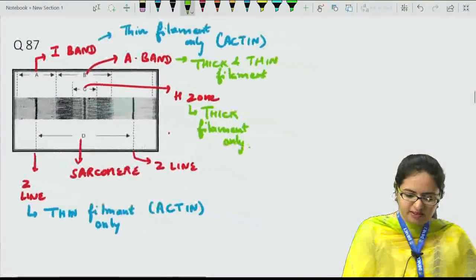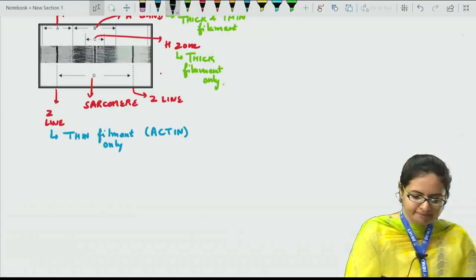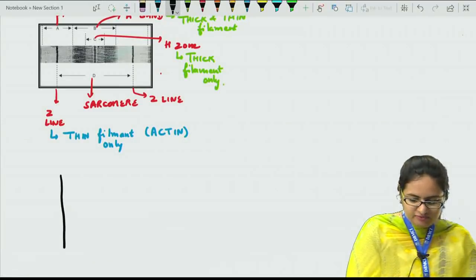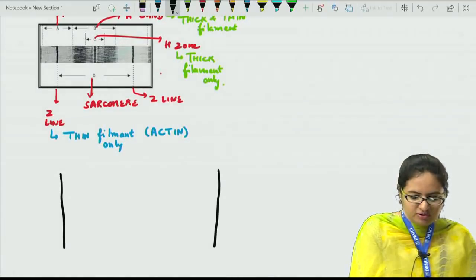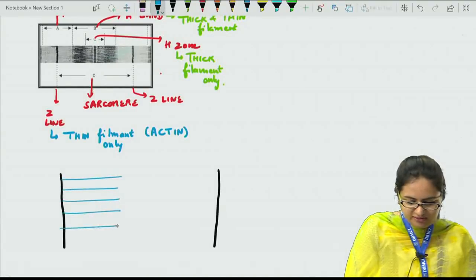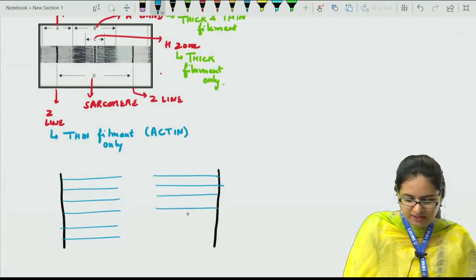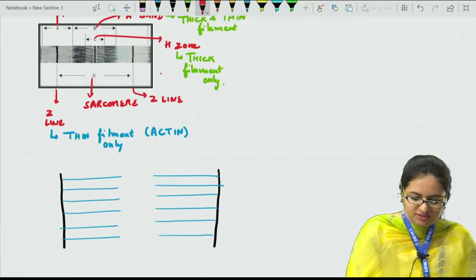If we draw a schematic diagram to show this, this is a Z line, which gives attachment to the thin actin filaments, and in between the Z lines the sarcomere extends. The actin filaments extend from either aspect of the Z line.